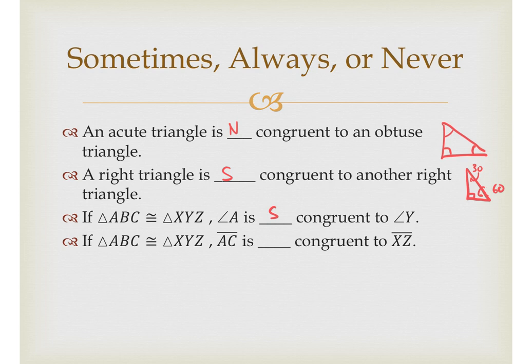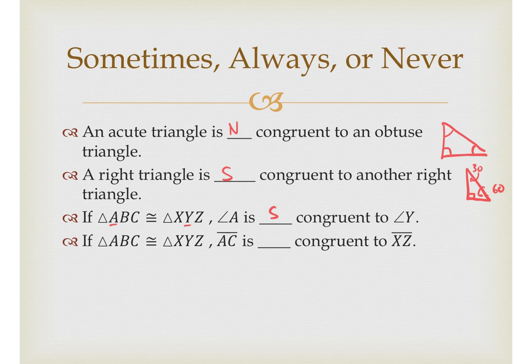Okay? Because if you have an equiangular triangle, then all the angles have to be congruent. Which means that even though A and Y are not in the corresponding positions, if it's an equiangular triangle, they're going to be congruent anyway because all the measures are the same. So that one is sometimes.